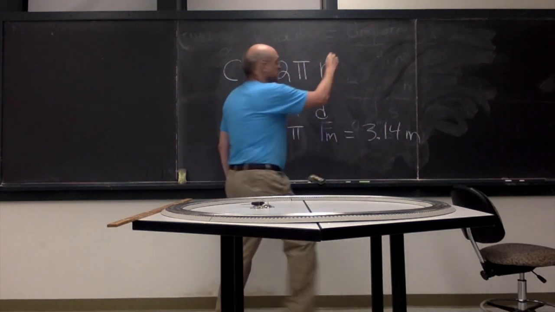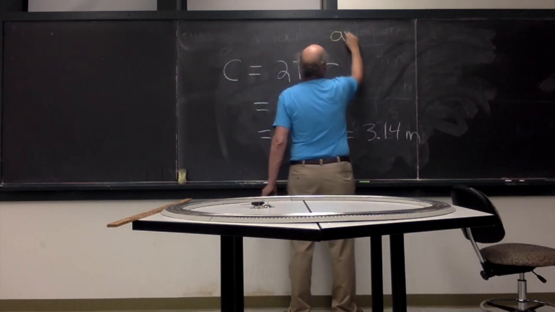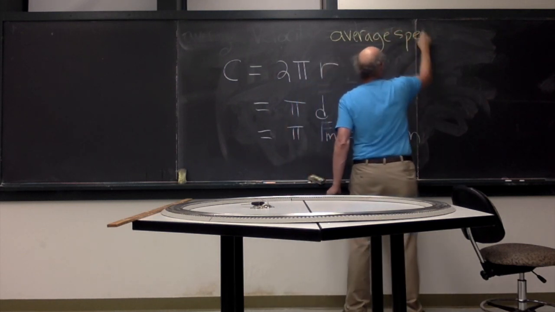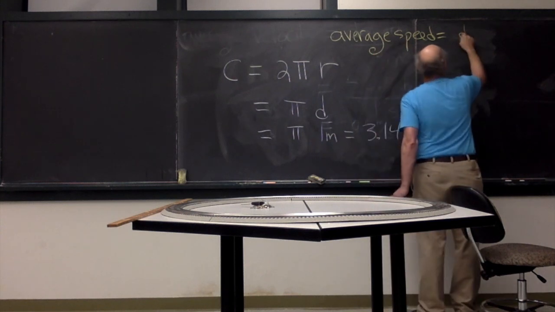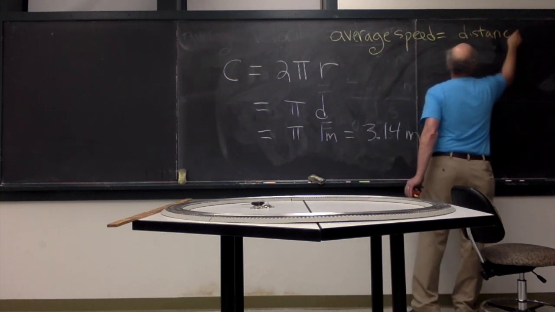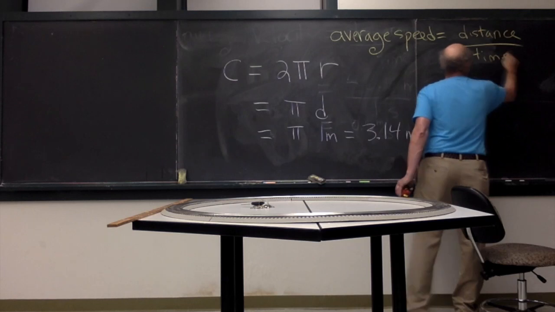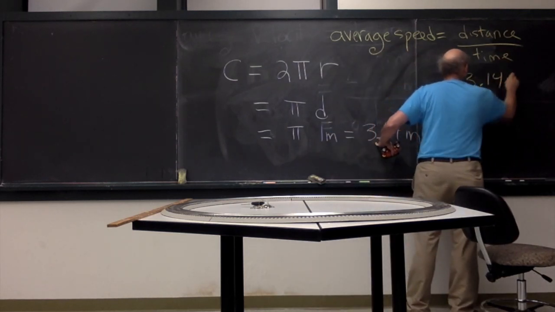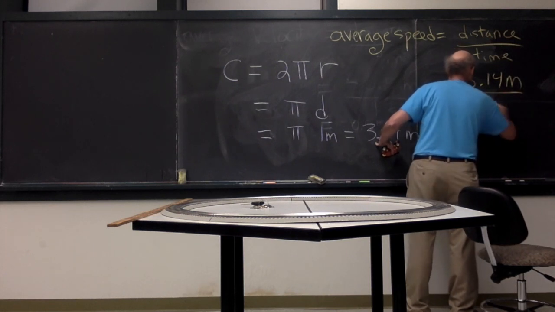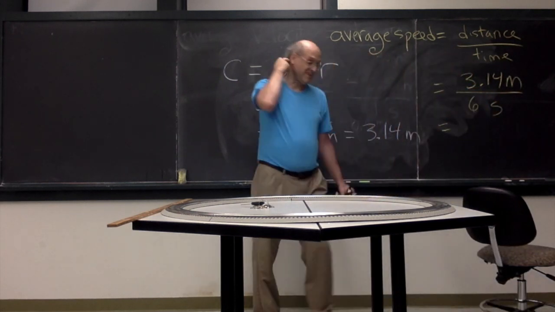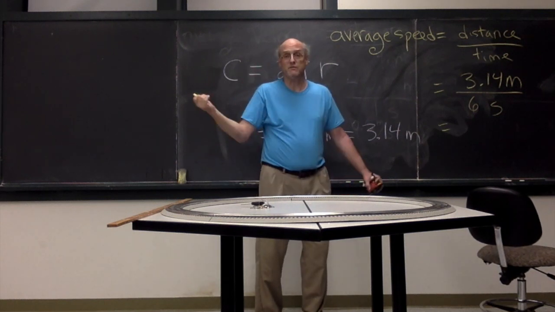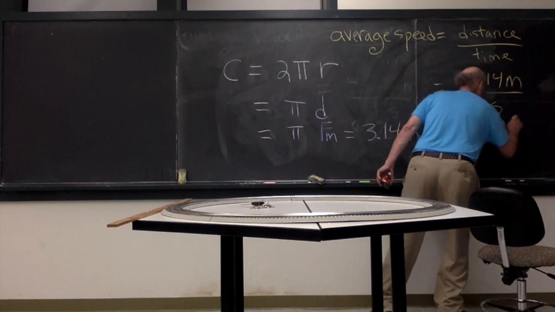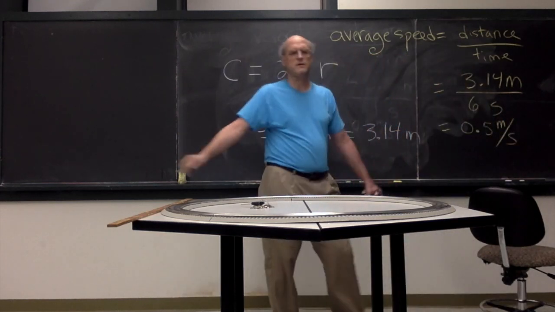So the average speed is distance over time. So 3.14 meters divided by 6 seconds. So we're talking about 0.5 meters per second is the average speed.